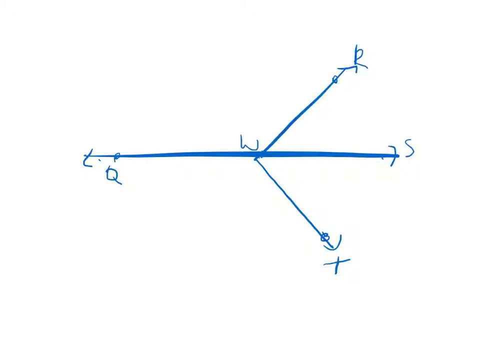Which angle is the supplement of RWS? RWS is right here. Supplement, remember, it has to equal 90. So that means it's going to be this angle down here. So the supplement to RWS, so for A, my answer would be SWT, or it could be TWS. So I'm going to say SWT. That's the answer to A.